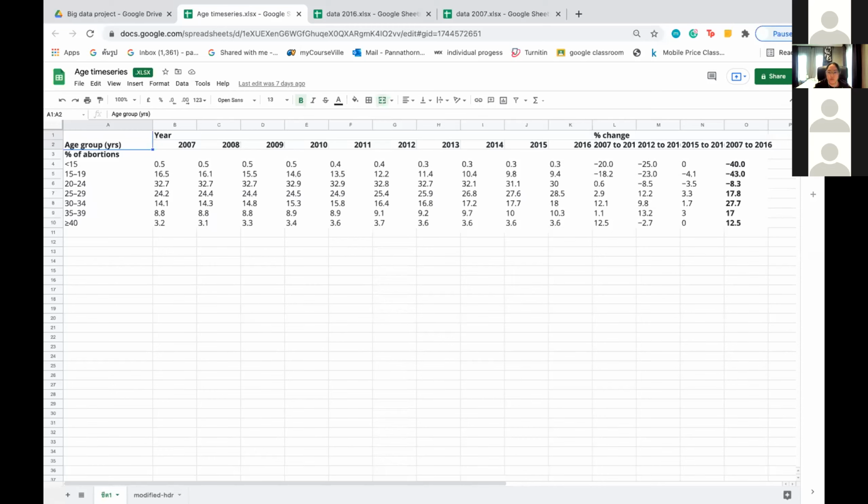Can you see my screen? Age group, abortion, year, percentage change. So in this project, I would like to develop machine learning on performance data to investigate the trend of abortions over a time period in different states, and identify whether there were time series characteristics or other factors involved.